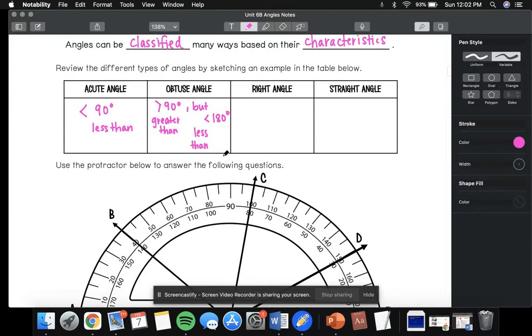Okay. A right angle is an angle that is exactly 90 degrees. And usually we notate that with a little box in the angle. Okay. And then a straight angle will be a straight line, and that is when it is exactly 180 degrees.